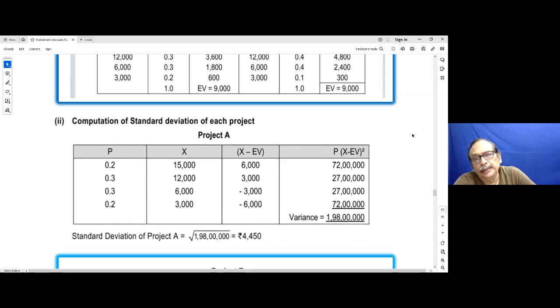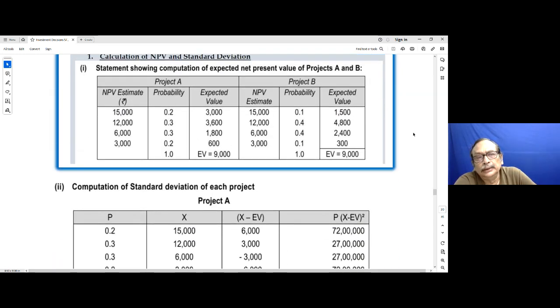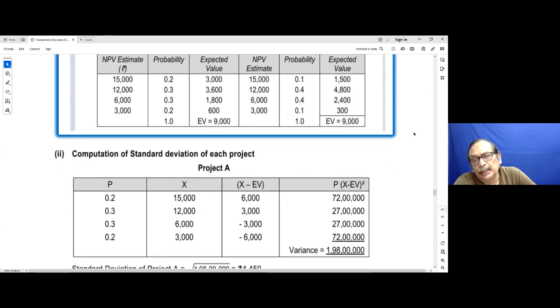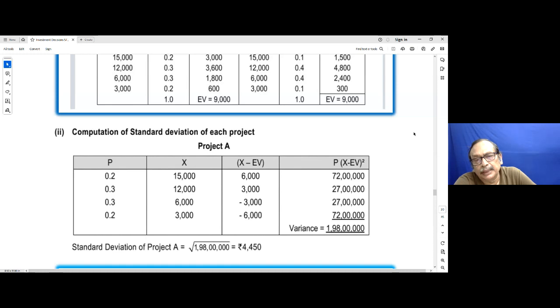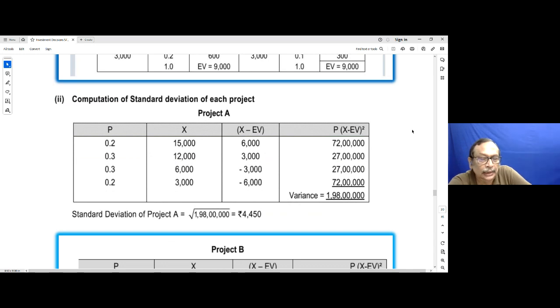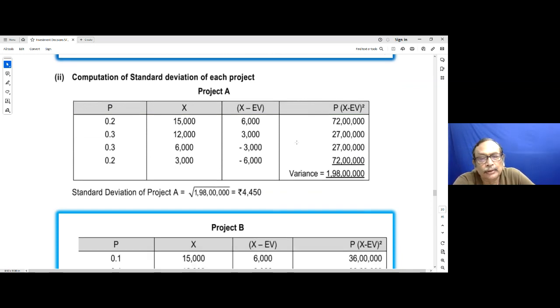So we have probability, then NPV estimates, then deviations, that is x minus expected value, then x minus expected value whole square multiplied by probability, and if you add the last column, we get the variance. If we calculate standard deviation, we take the square root of variance, and the standard deviation of project A we get is 4450.